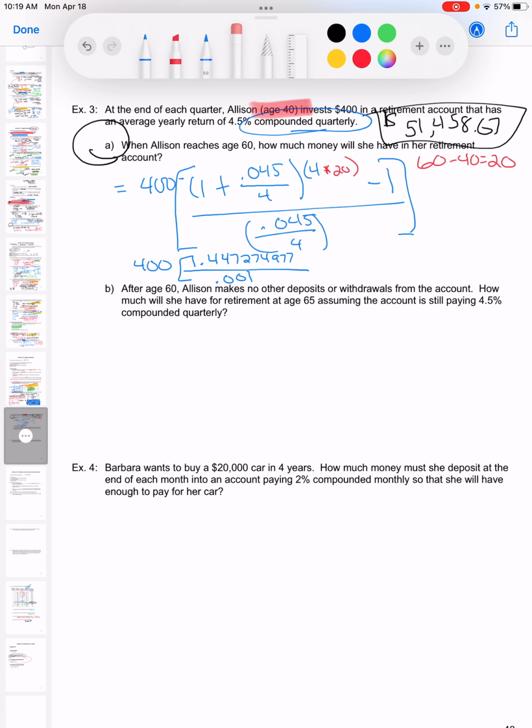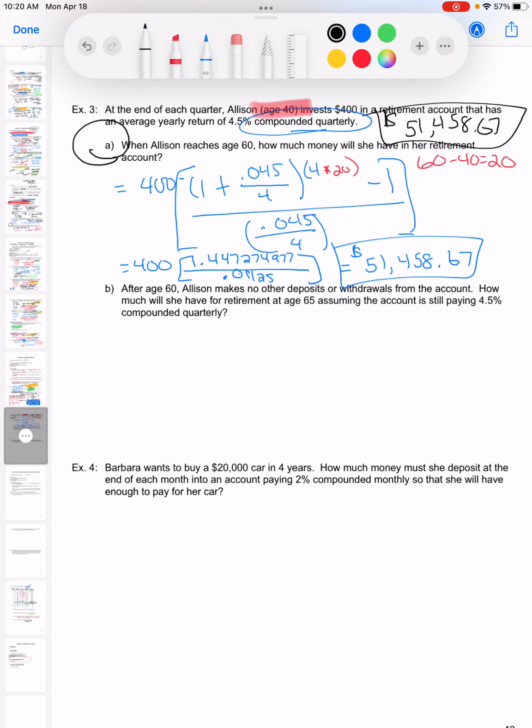Oops, so many decimal places. I'm going to type that entire thing in to get my answer. $51,458.67.